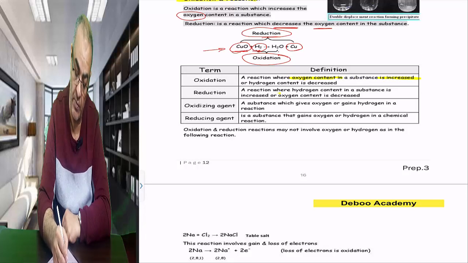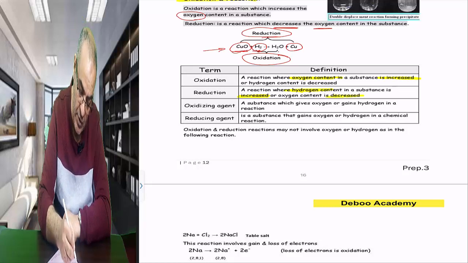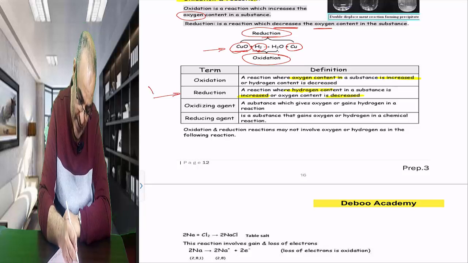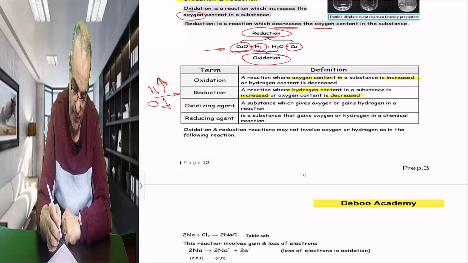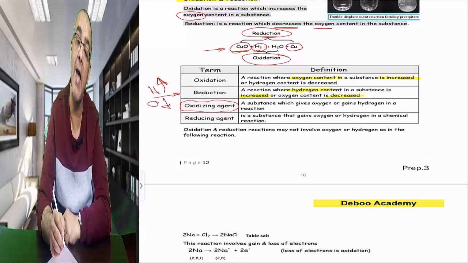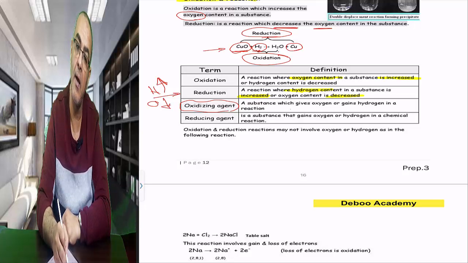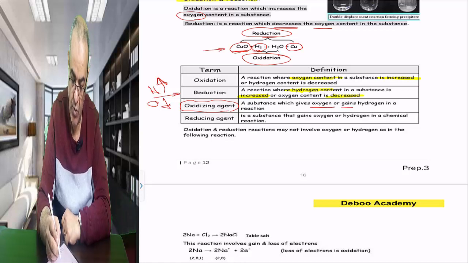So oxidation is the reaction in which the oxygen content increases, and reduction is the reaction in which hydrogen content increases or oxygen decreases. So we have two definitions for reduction. If the hydrogen increases or the oxygen decreases, we call it reduction. Oxidizing agent is the substance that gives oxygen or gains hydrogen.